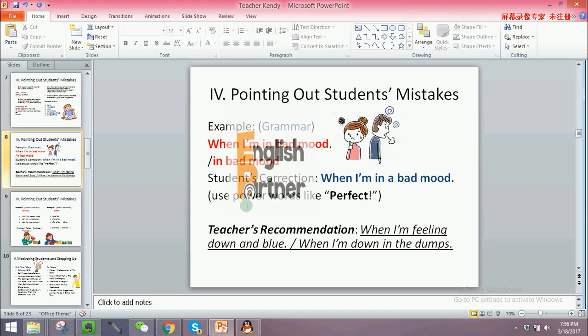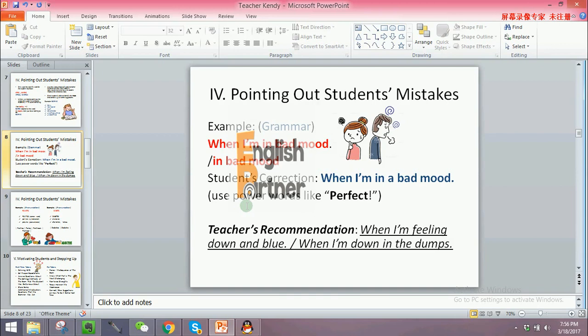Yeah. So the student then corrects it and says, when I'm in a bad mood. So if the student is able to get the correct answer or to correct his own mistakes, I use power words like perfect, awesome, good job, and so on. Yeah.